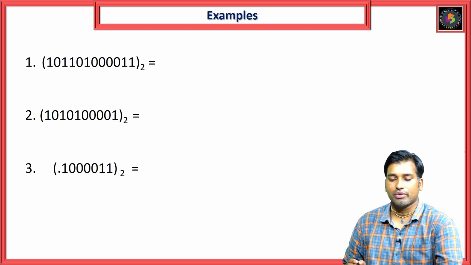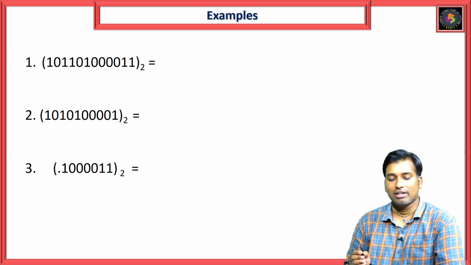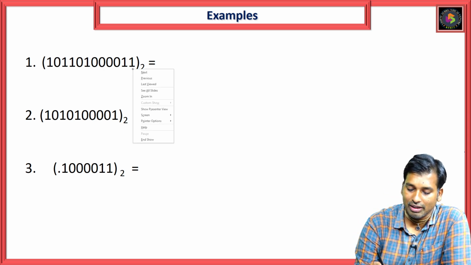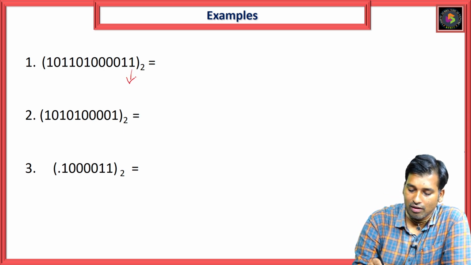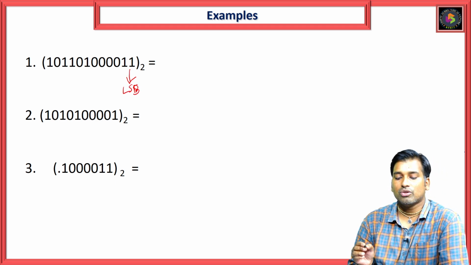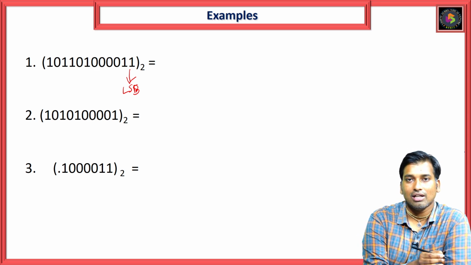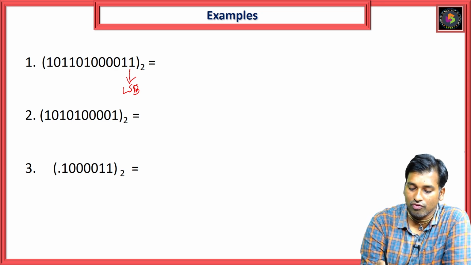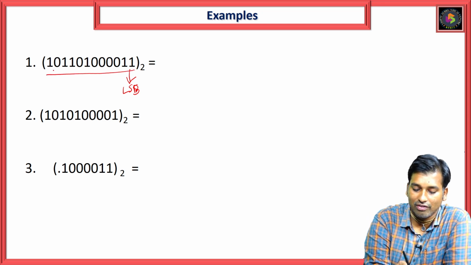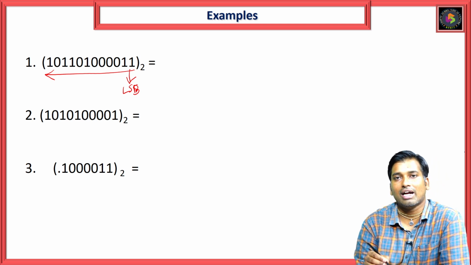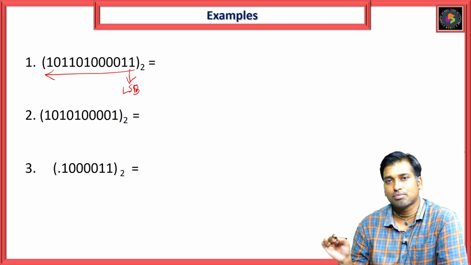So first what we have to do is, through the integer part, we have to scan the numbers from the least significant bit. This is the least significant bit. So we have to categorize into 3 bits from the least significant bit to the higher significant bit. So we have to move from right to left. With the 3 bits, we have to group them and convert it into the corresponding octal number.